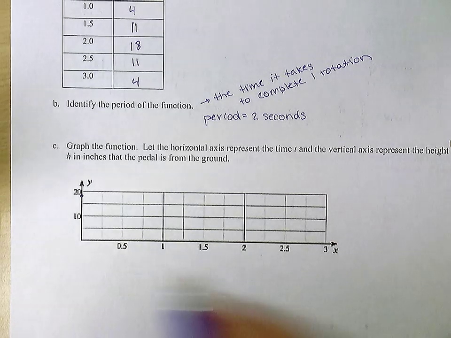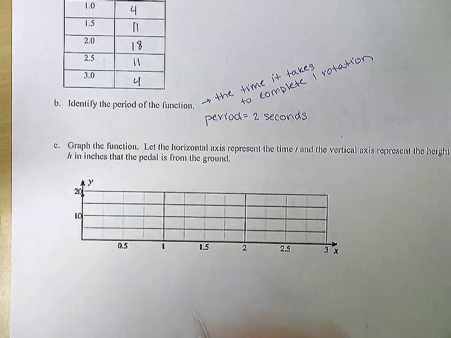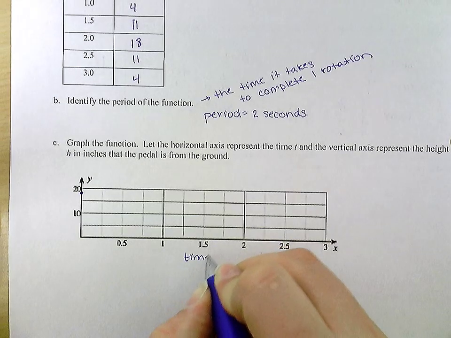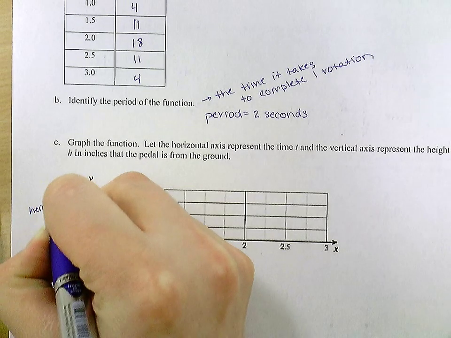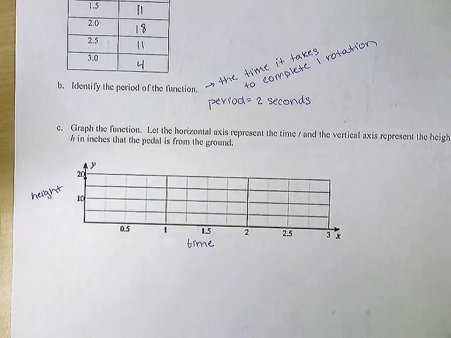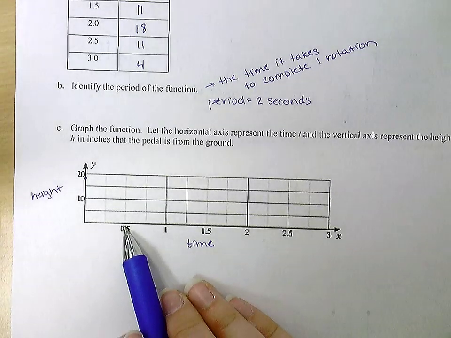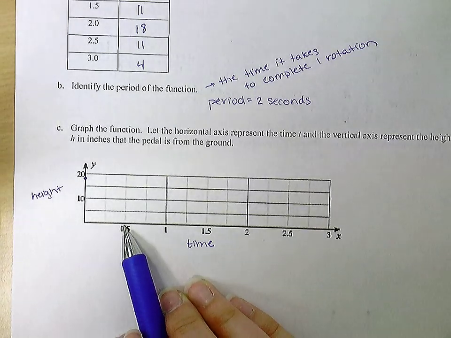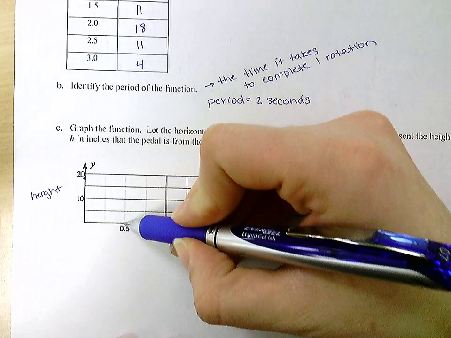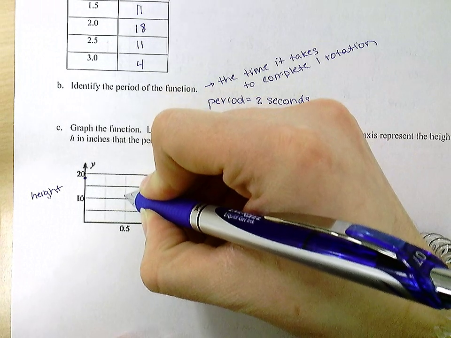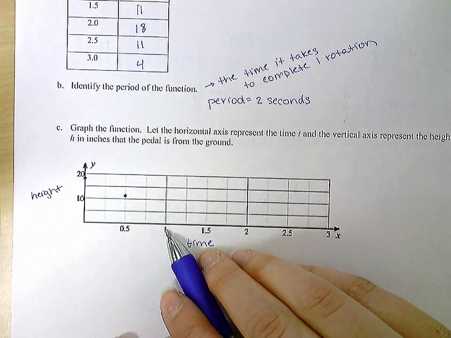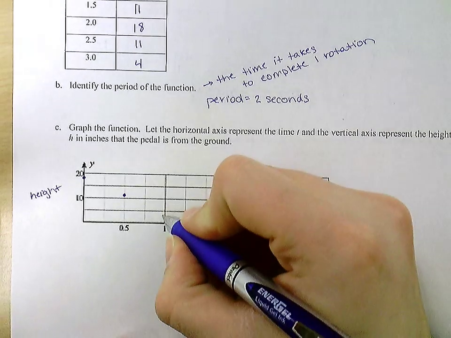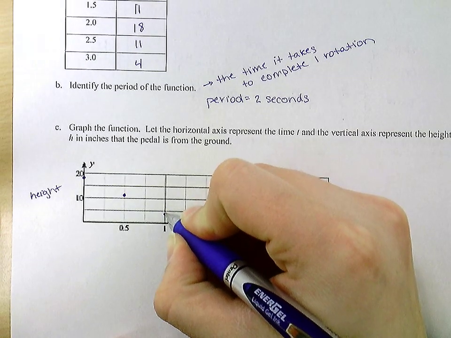Again, our horizontal is the time, and our vertical is the height. Then at 0.5 seconds, it was at 11 inches, so at 0.5 we'll go to 11. At 1 second, it was at 4. That's about here.